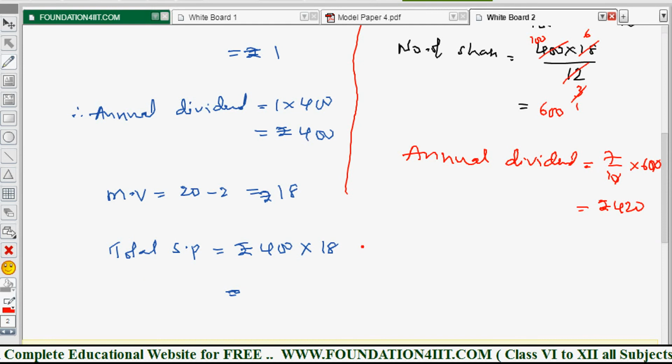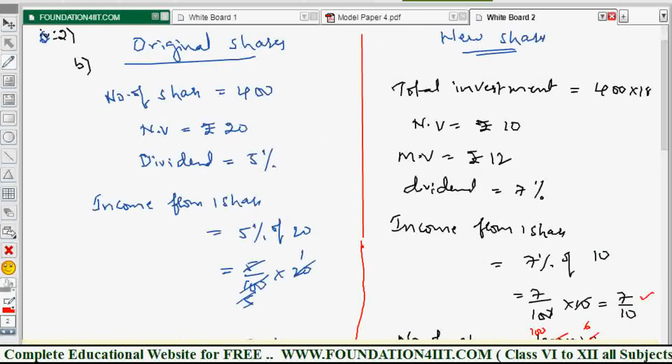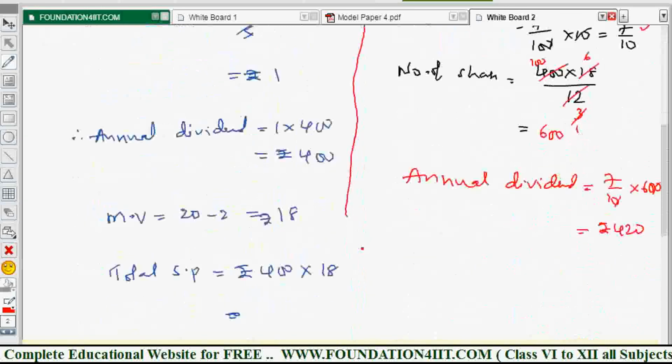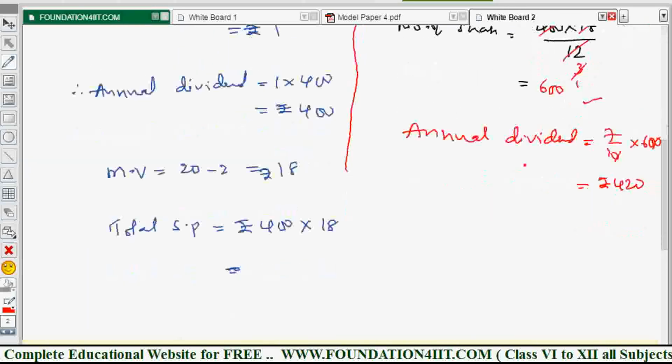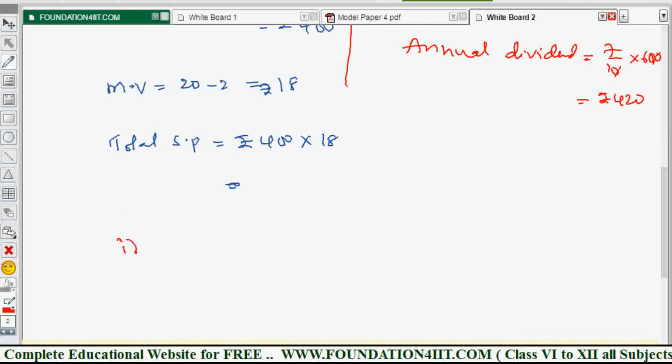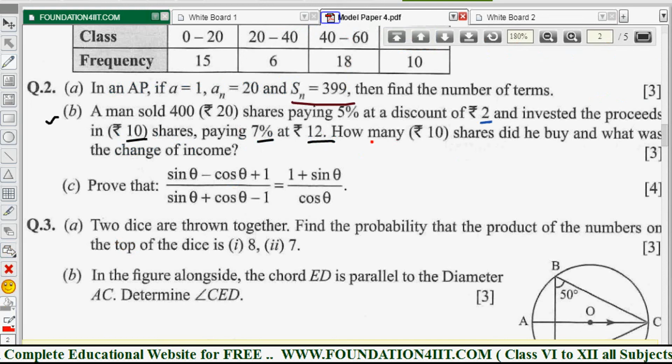So increase in income. Now from both, the rupees 10 shares and the new shares, you already got 600 new shares. So from this we can answer two questions. The first one: how many rupees 10 shares? That means 10 rupees is the nominal value of the second case.